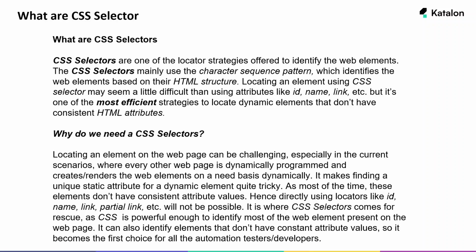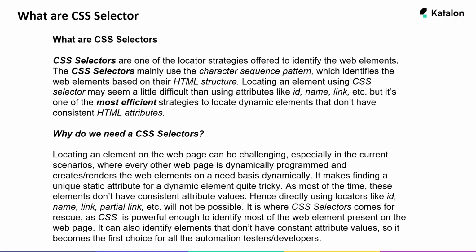So why do we need a CSS selector? Locating an element on a web page can be challenging, especially in the current scenarios where every web page is dynamically programmed and renders web elements on a need basis.